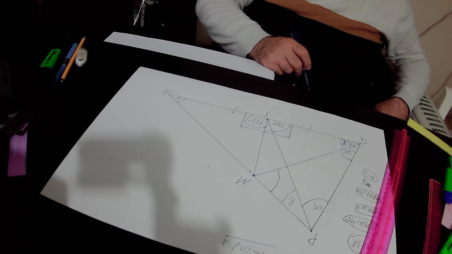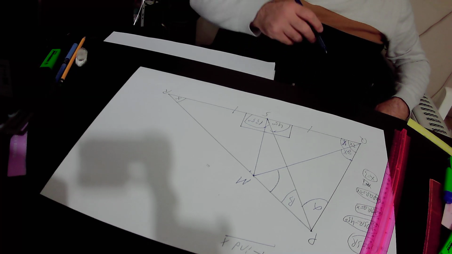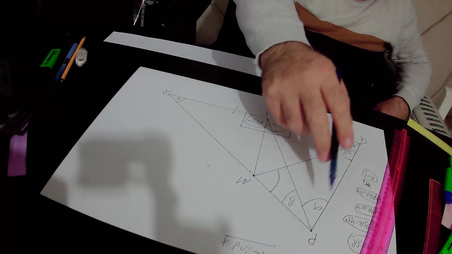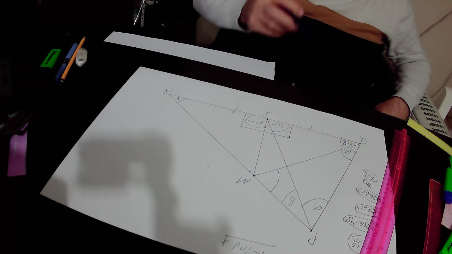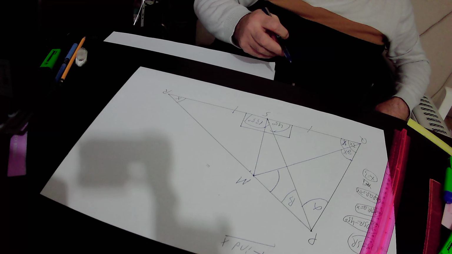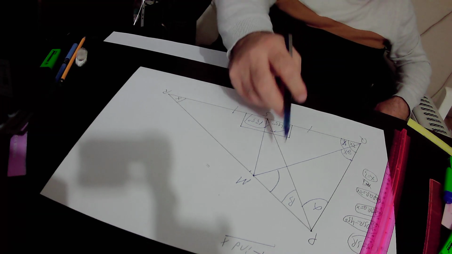According to rule number 4, the value of the exterior angle PMQ equals the sum of the angles that are not adjacent to it.